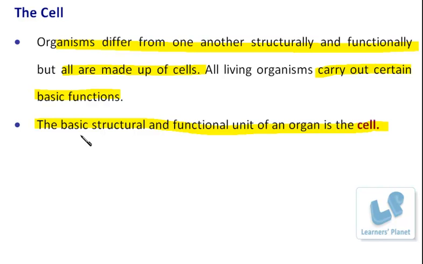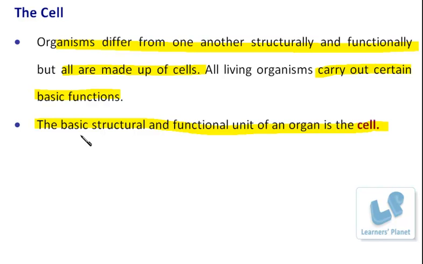When this chemical reaction occurs, there is a release of energy, and this energy is used for different purposes. So this is why I'm saying that all these functions occurring in our body occur in the form of chemical reactions. Now where is this chemical reaction going on? Inside the cell. So this is the reason why we call the cell the functional unit of life.